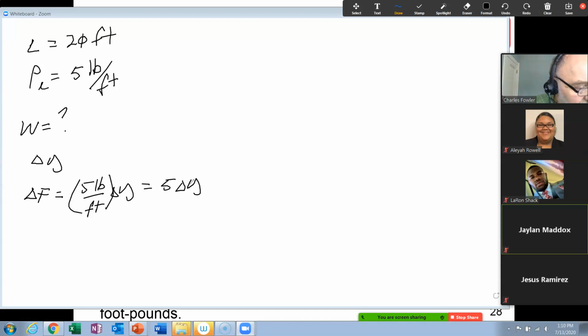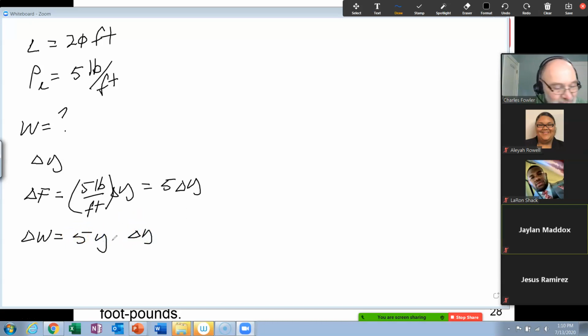Now, the typical section initially on the ground is raised to a height of y. That's how high we're lifting it at any moment. So the delta work, delta W, would be this force, 5 delta y, times how far you lifted it.